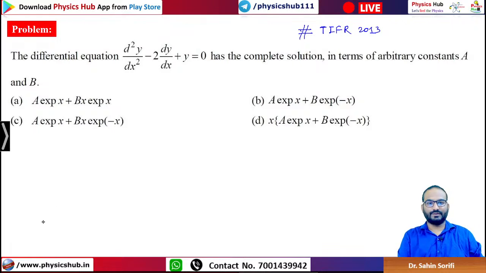Such a simple problem came in TFR. Tell me the answer quickly. I think you can also solve it orally without using the pen and paper. You can solve it, but you have to be very careful while selecting the options. The options are really very close.